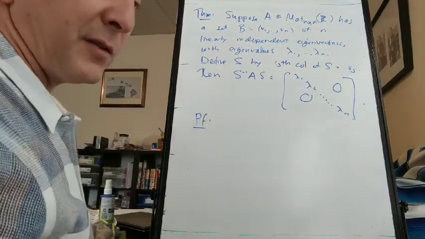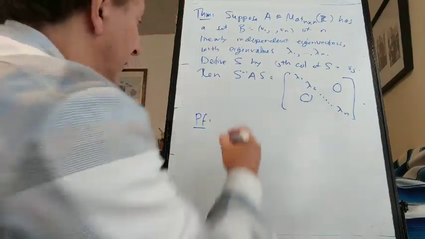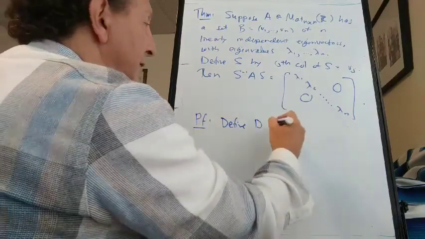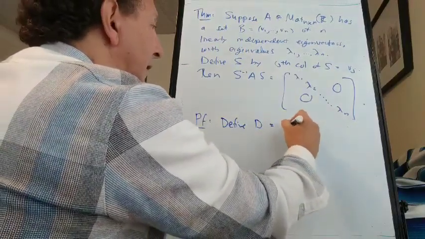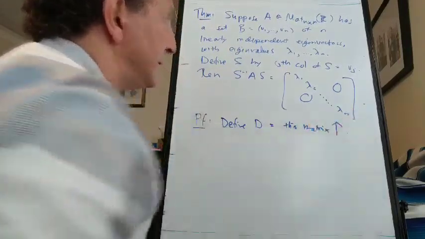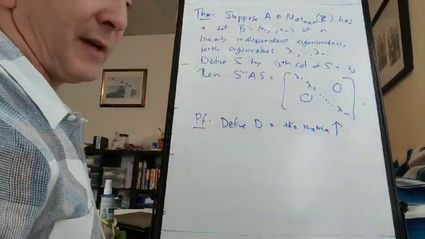and it has the eigenvalues of A on the diagonal. Now, surprisingly, this is very easy to prove. So let's define D to be this matrix. It's diagonal and has the eigenvalues of A on it.